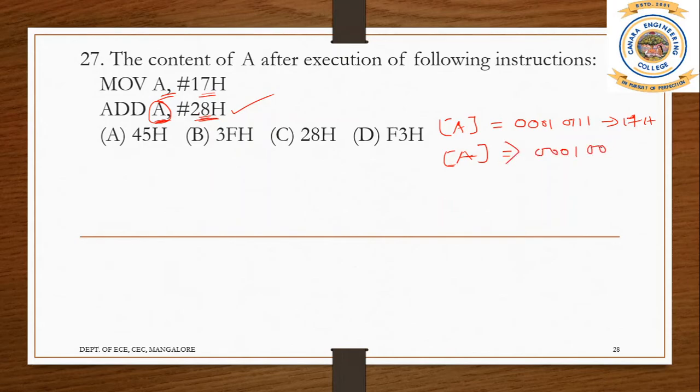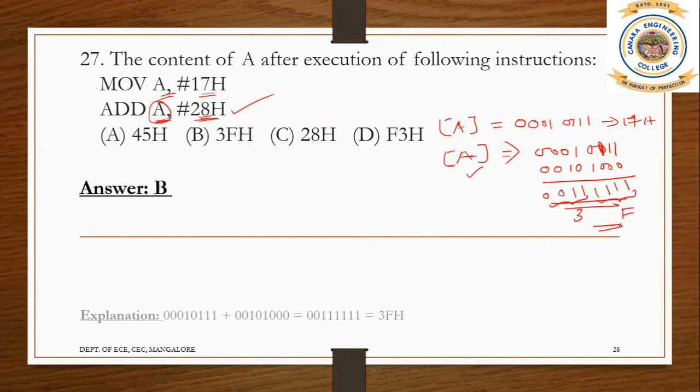It should be added 17 with 28. So this is 2 and this is 8. So add with this, 0001 0111 plus 0010 1000. This will be the content of the accumulator. So what is this content? This is 3 and this is F. So the answer is B, 3FH.